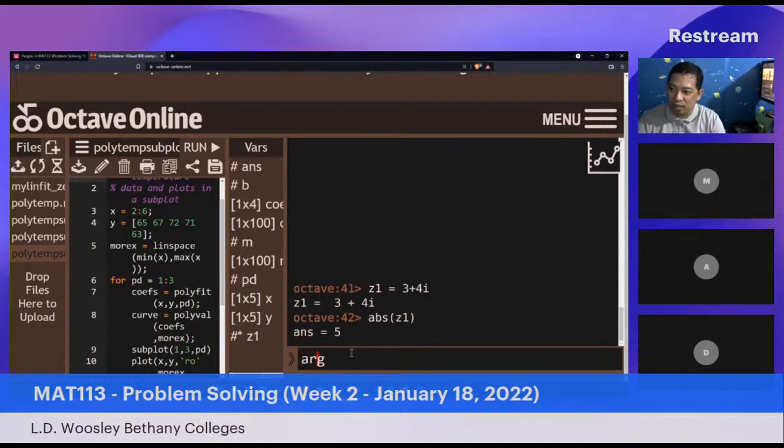And then the argument of Z sub 1. This is in terms of radian measurement, so that is 0.9273 radians. Now, of course, how will you convert this radian to degrees? Guys, any idea?